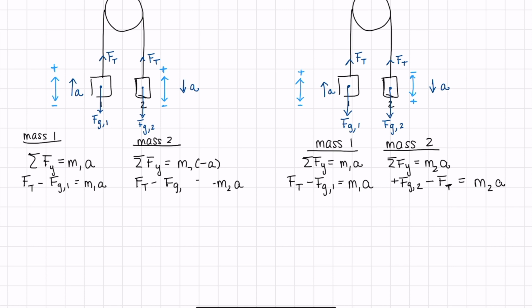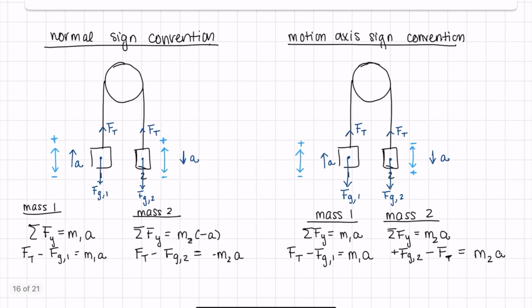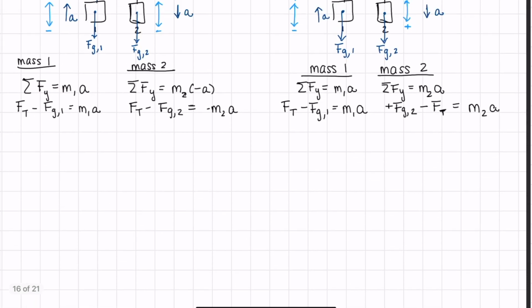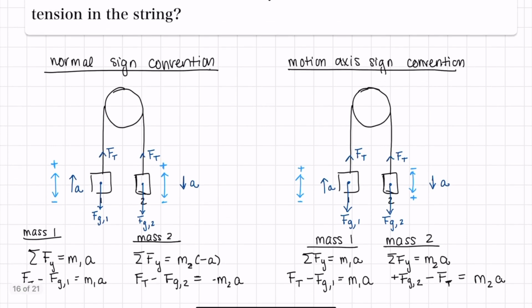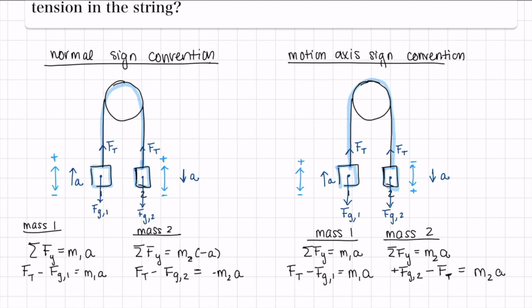So with that being said, I'm going to stick with the normal sign convention, and we're going to solve this for, oh, nope, I lied. There's one other F net equation that we can write out here. That's important.